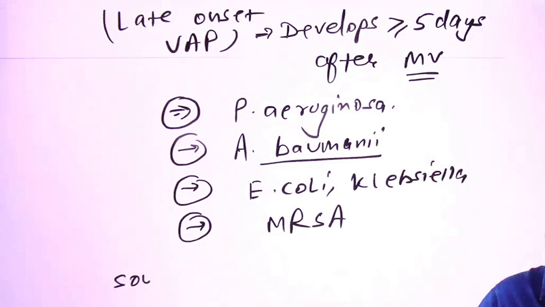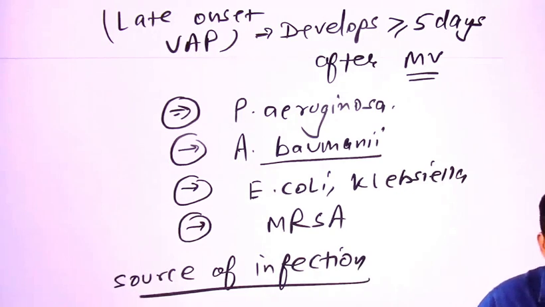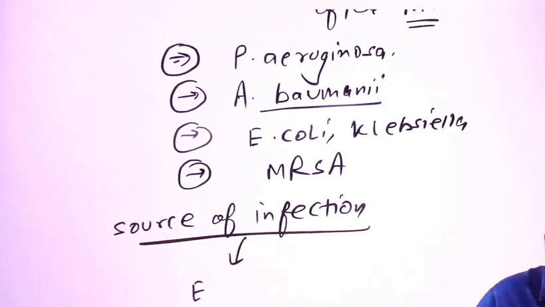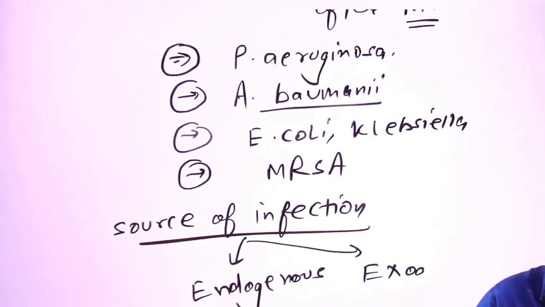And what can be the source of these infections, the early onset VAP and the late onset VAP? The source is everywhere. It can be endogenous, that is the patient's own flora, or it can be a gift from the hospital authorities or hospital environment.